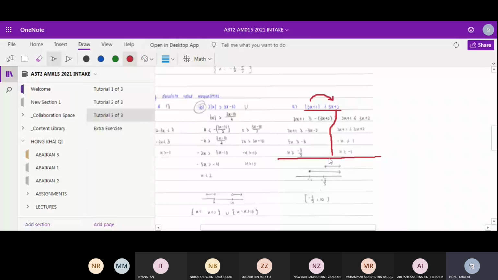And then we can draw a number line to see the answer.